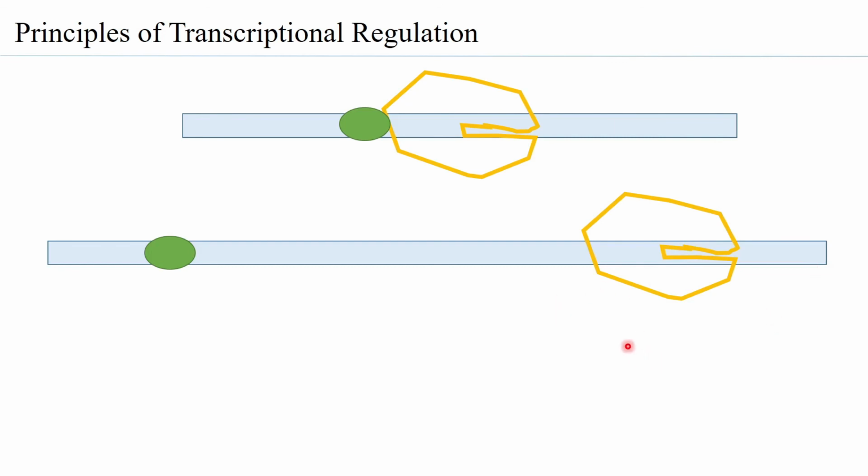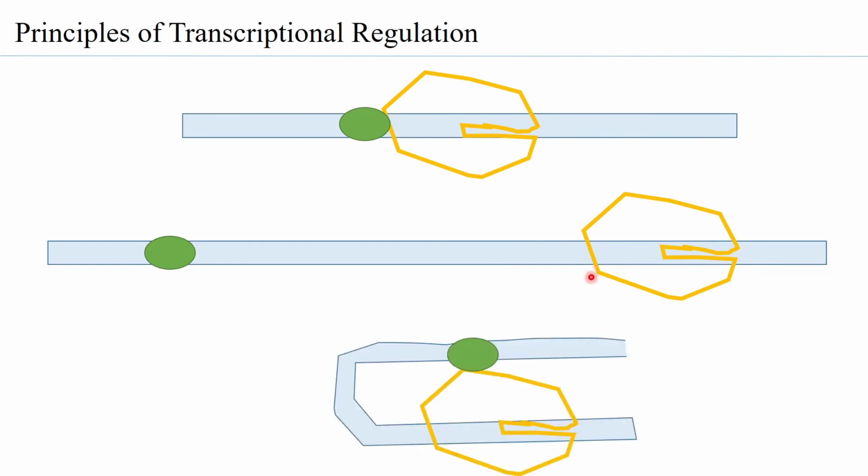What has been observed in many such cases where the regulatory site is very far off is DNA looping. Because the DNA loops, the RNA pol is now interacting with the activator, and this interaction allows the RNA pol to escape the promoter and start transcription.